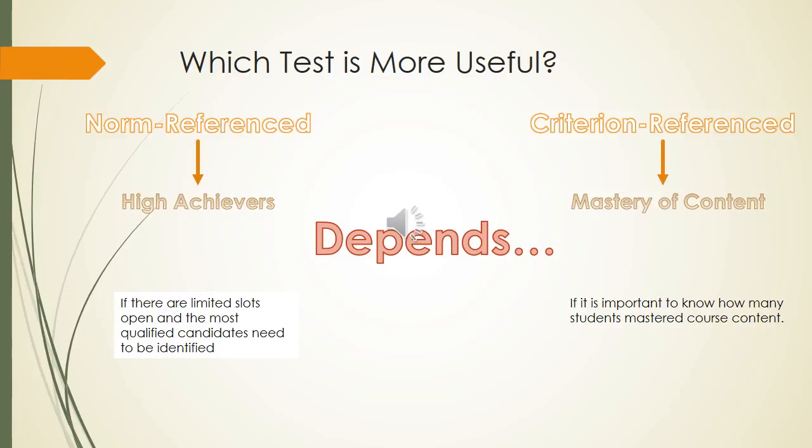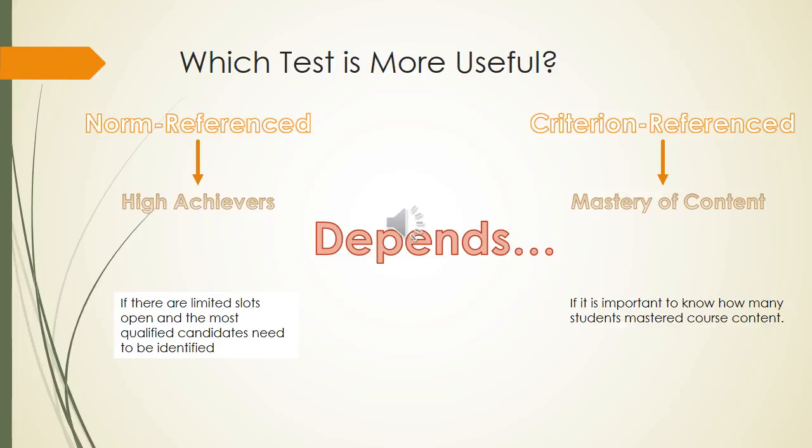So which of these tests is more valuable to an educational association, norm reference or criterion reference? Well, it really depends on what you're trying to do. If you have a limited number of slots for a program or for a university, and you want only the best candidates to be in those slots, then you're going to give a norm reference test because you want to identify the high achievers, and you want to know that the people you've identified as the high achievers are indeed at the top of the list.